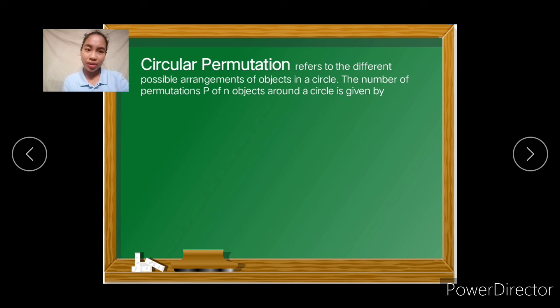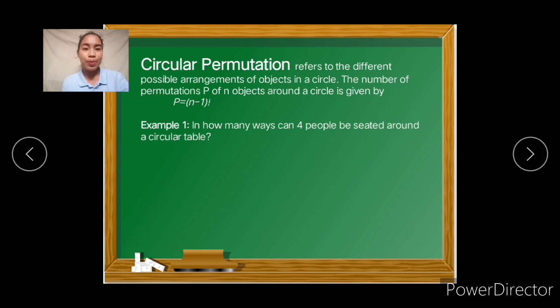For now, let's talk about arrangements in a circle. So we call it circular permutation. When we say circular permutation, it refers to the different possible arrangements of objects in a circle. The number of permutations P of n objects around a circle is given by P is equal to n minus 1 factorial. So for example, in how many ways can 4 people be seated around a circular table? The value of our n is 4.